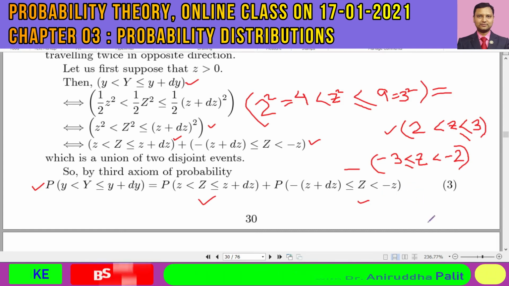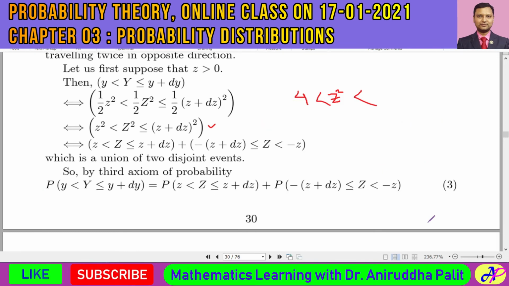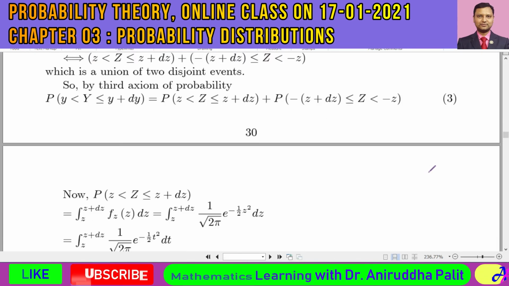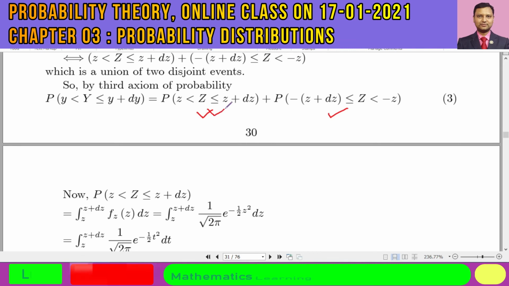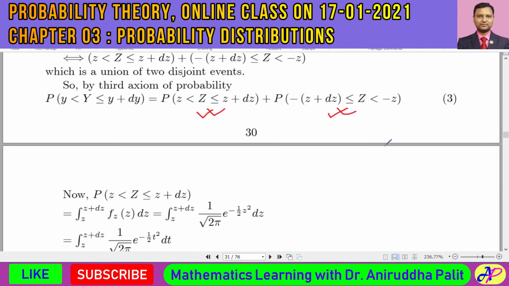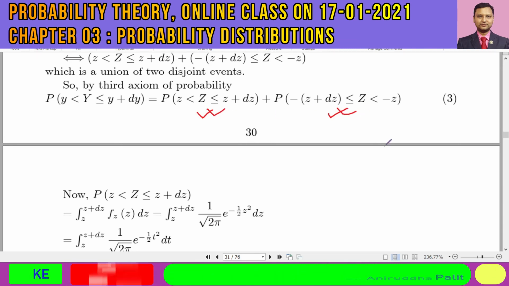Got it? And now over here we are going to show that the probability of this event and the probability of this event, these two probabilities are same. Got it?